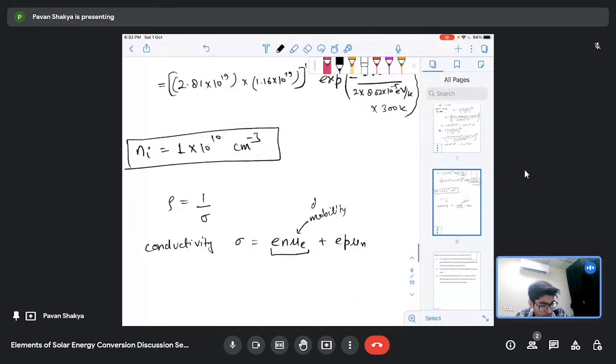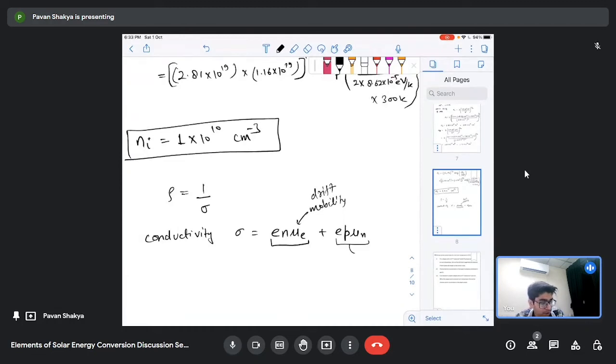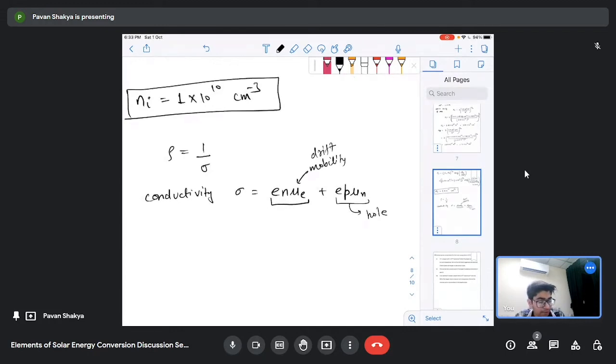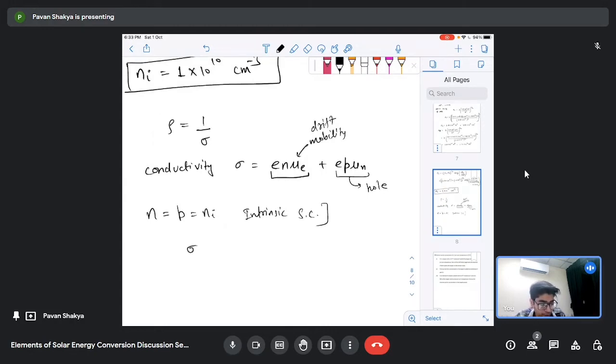This one is the drift mobility, and this one is for the hole. As we have the values for n and p, and in the intrinsic semiconductor n is equal to p, and it is equal to Ni, we can replace n and p by Ni.